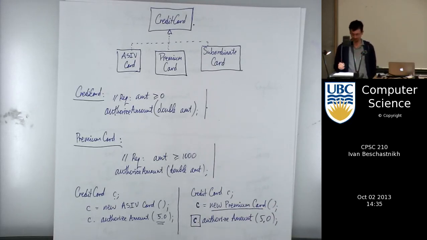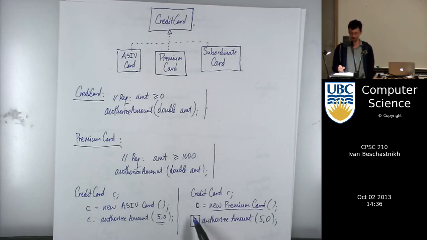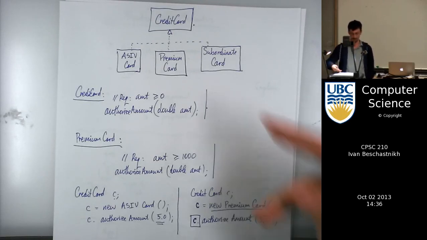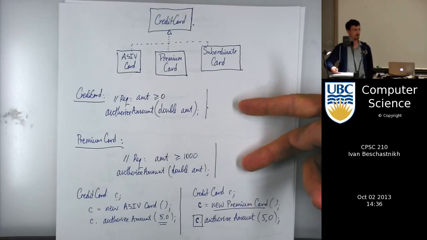I'm talking about C, and I'm treating it as a credit card, but the actual type is a premium card. It's actually a different thing. And now the question is, when is it legal to treat it as a premium card? When is it legal to say C equals new premium card? This is one of the cases when it is illegal to treat C as a premium card because there's a problem between these two specifications.